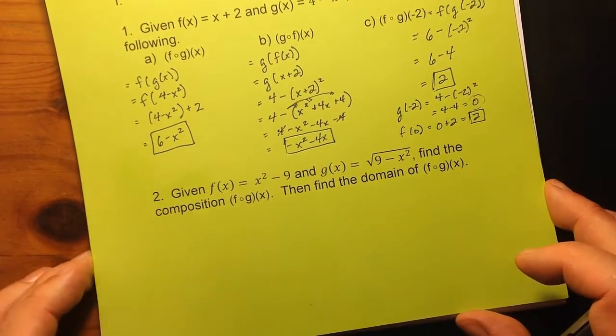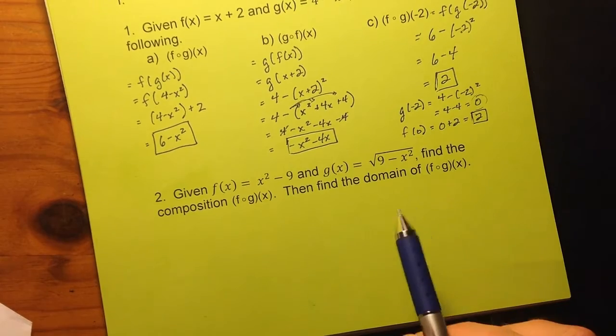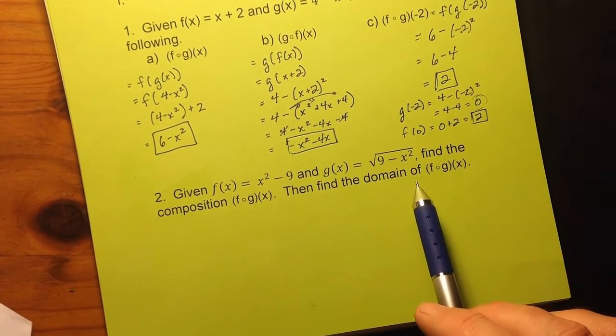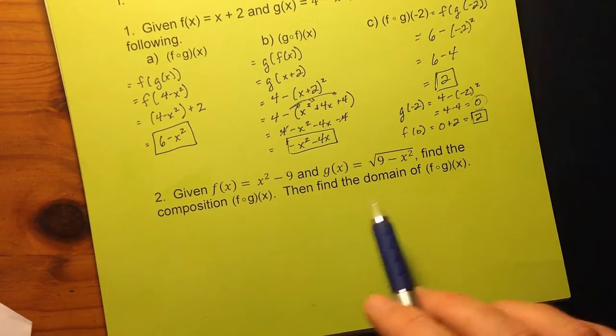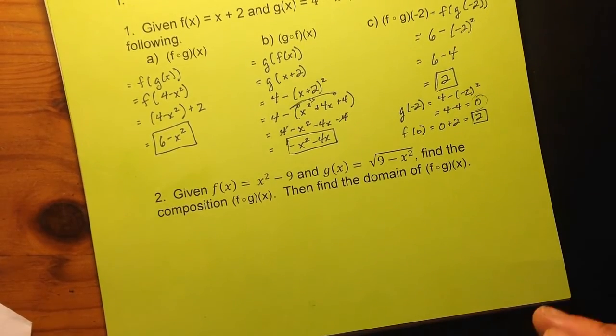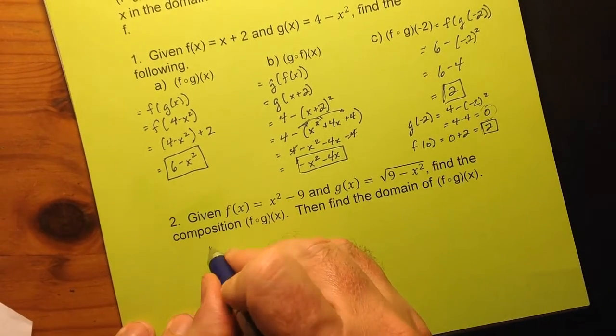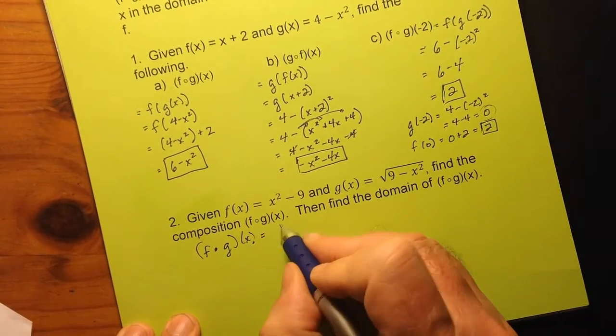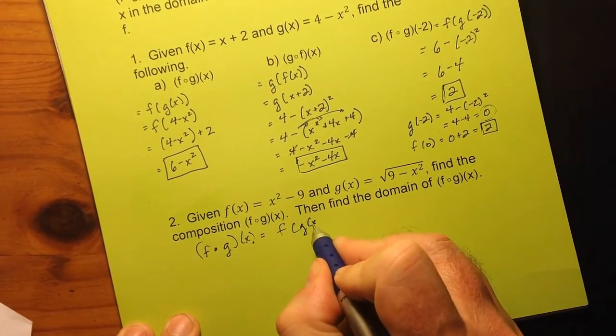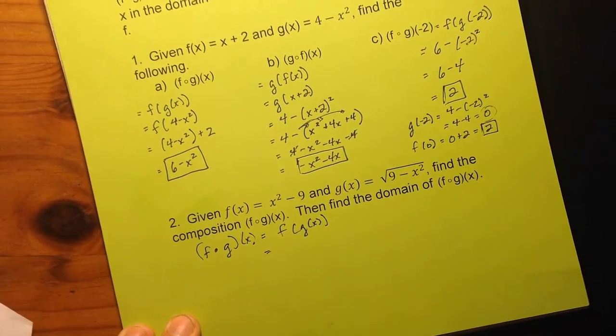Given f of x equals x squared minus 9, and g of x equals the square root of 9 minus x squared, find the composition f circle g of x, then find the domain of that f circle g of x. All right, so f circle g of x is f of g of x. I always write that down.